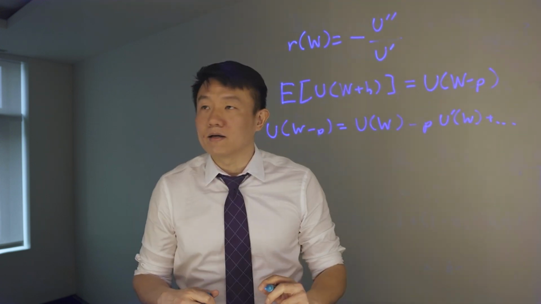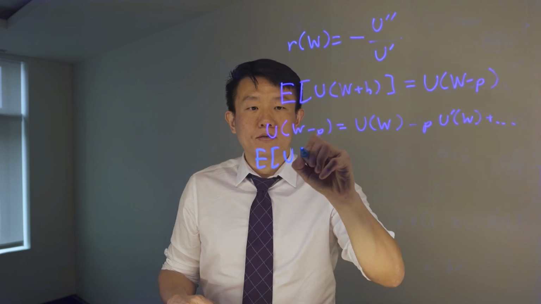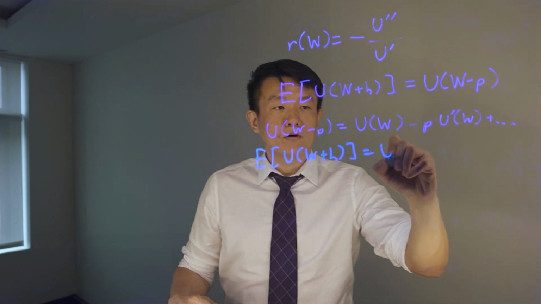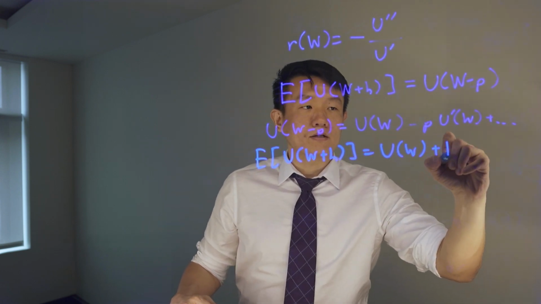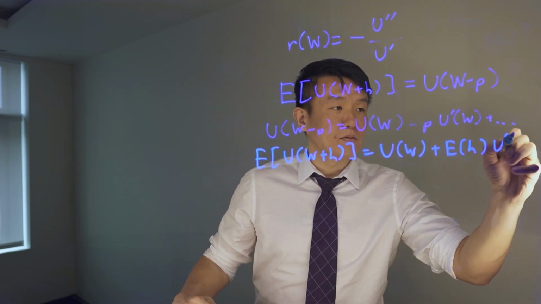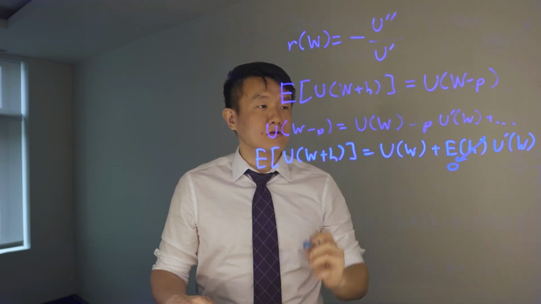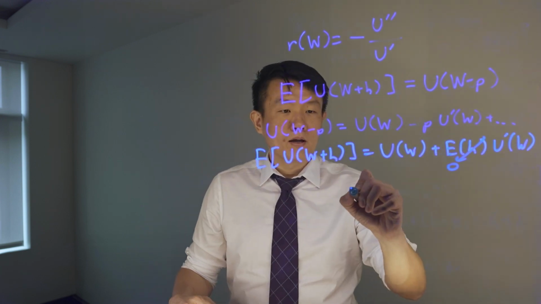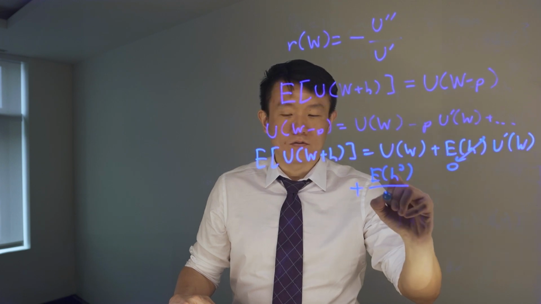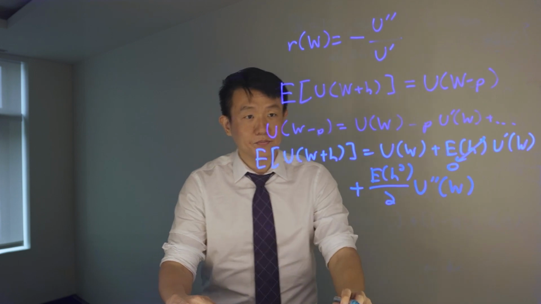On the left-hand side, we're going to need some additional terms, though, because the Taylor series expansion of this is going to be U of W plus the expected value of H times U prime of W. But because it's a fair bet, the expected value of H is 0, so that whole term drops off, plus the expected value of H squared over 2 times U double prime of W.